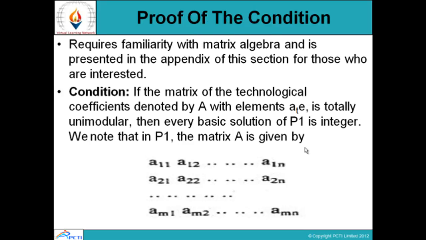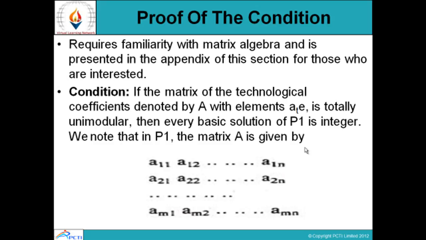Proof of the conditions requires familiarity with matrix algebra and is presented in the appendix of this section for those who are interested. Condition: if the matrix of the technology coefficients, denoted by A with elements aij, is totally unimodular, then every basic solution of P1 is integer.